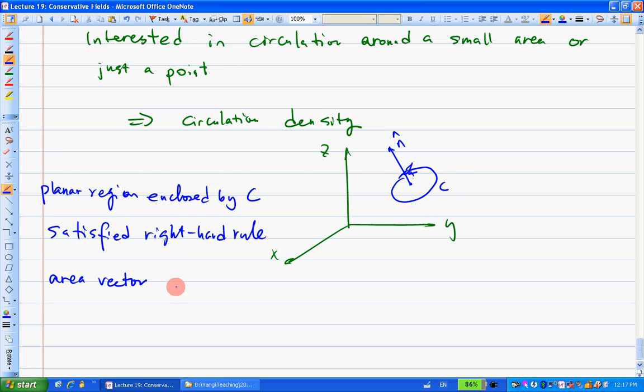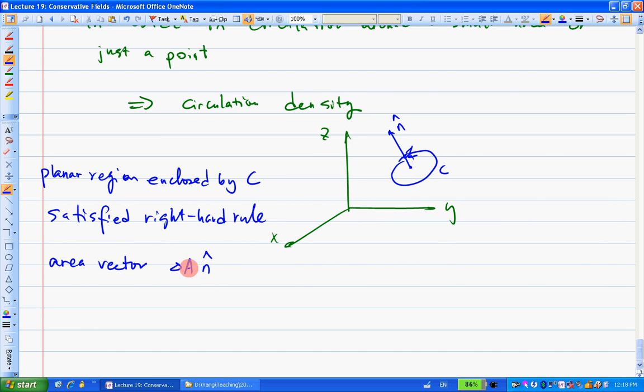If this is delta A for the area here, then delta A times n hat is the area vector. Is that good? When we learn surface integrals, this is what we're actually going to use. So this is a delta A vector here. I'm going to stop here. We're going to make use of the notation here to derive the curl formula.